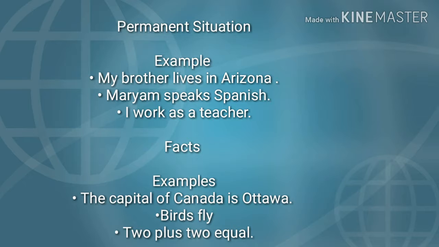We cannot use ing with lives. If we say my brother is living in Arizona, that means it is not a permanent situation, he lives there temporarily. He can leave Arizona after 2 or 3 months, or 1 week. But if we say my brother lives in Arizona, that means he lives permanently.